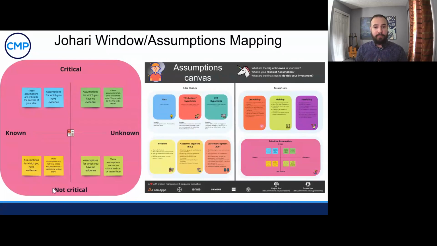Moving down to the bottom left, you have your not critical knowns. You have evidence for this. You've talked to some individuals and they provided evidence that yes, we validated this hypothesis. However, this validation does not necessarily mean that it's critical to the success of your problem domain understanding as well as your solution. And then lastly, you have your unknown unknowns.